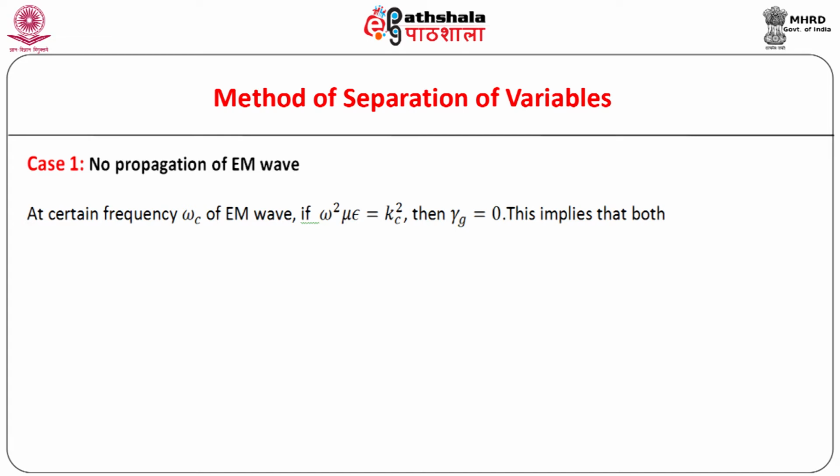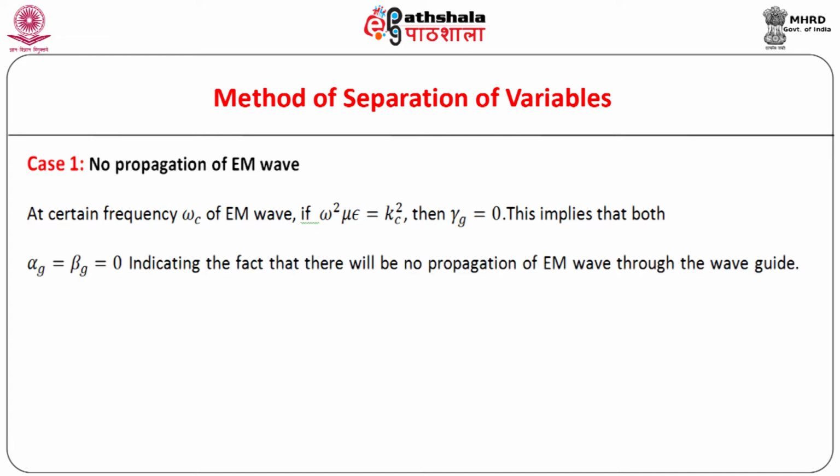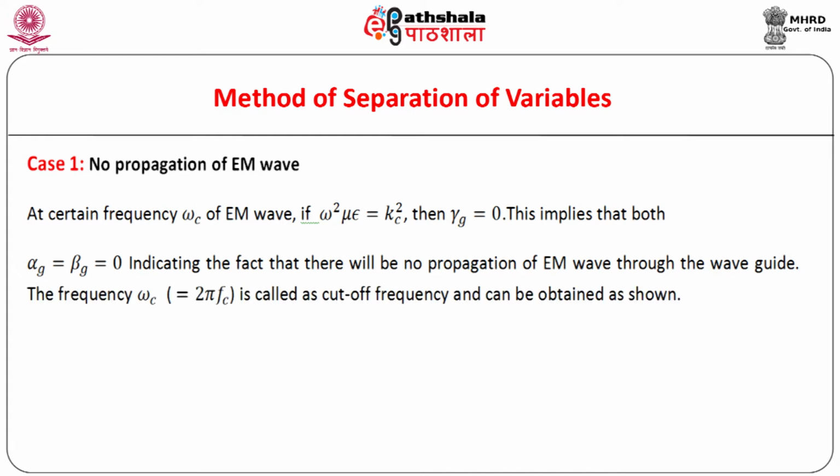This implies that both alpha g and beta g are 0, indicating the fact that there will be no propagation of electromagnetic wave through the waveguide. The frequency omega c equal to 2 pi f c is called as cutoff frequency and can be obtained as shown.